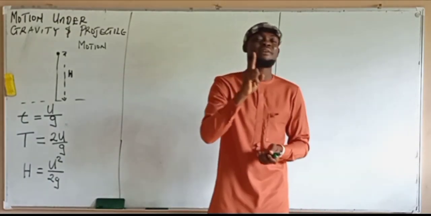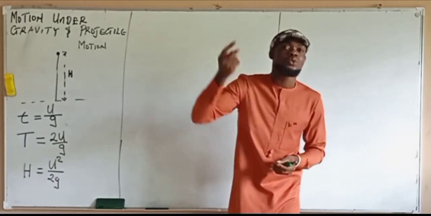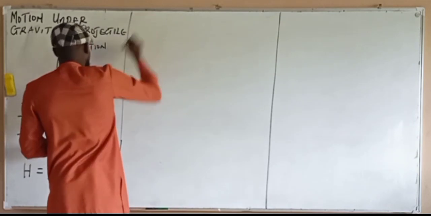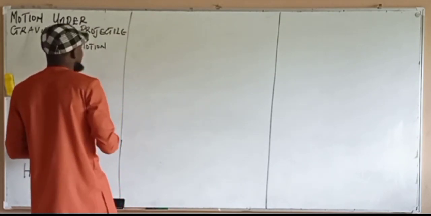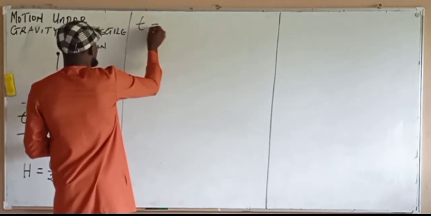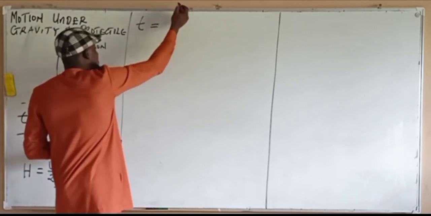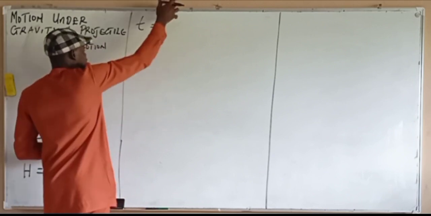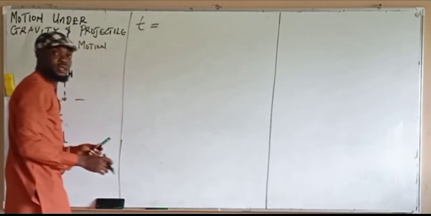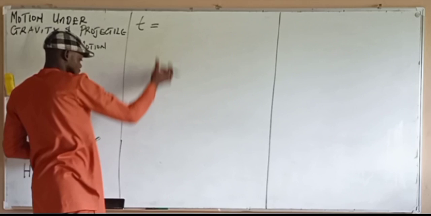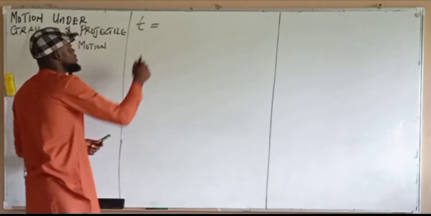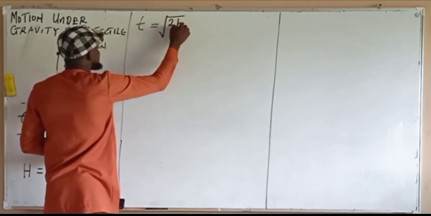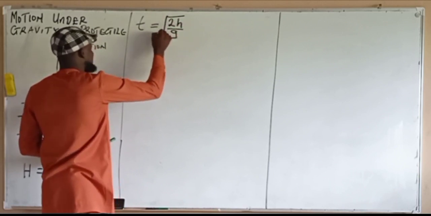The time taken for a falling body to fall to the ground is given as t. Let's say if I leave a body in this place, the time taken for the body to fall from this place to the ground, if you know the height, will be equal to the square root of 2 times the height divided by acceleration due to gravity, t = √(2h/g).